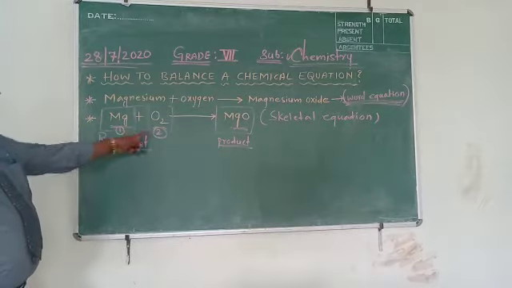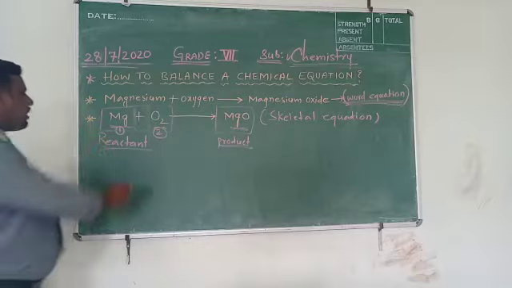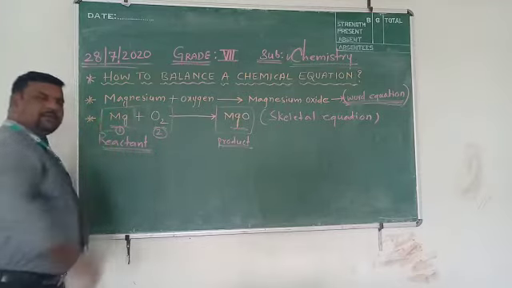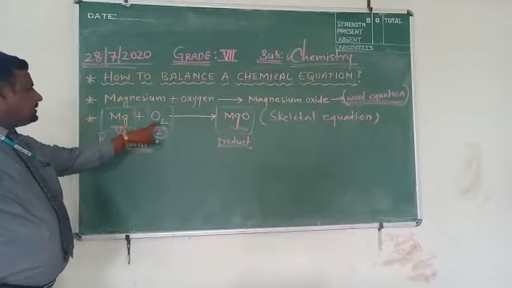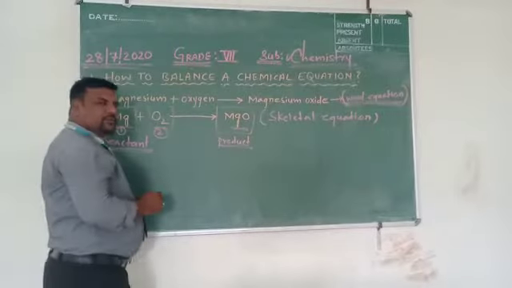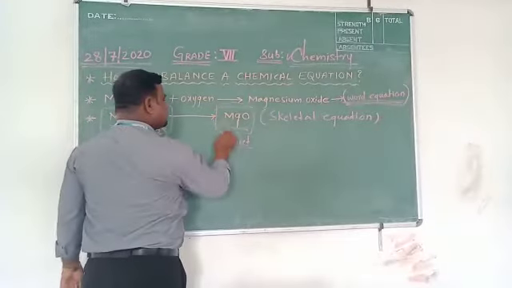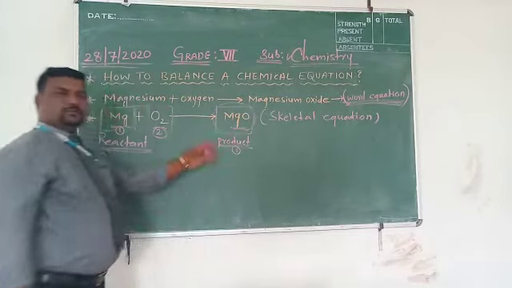These two things, which are written on the left side in a chemical equation, we call reactants. So in the given equation, how many reactants are there? Two. Reactant 1 is magnesium, reactant 2 is oxygen. And what is formed during this reaction? Only one product, that is magnesium oxide. So this is a product.